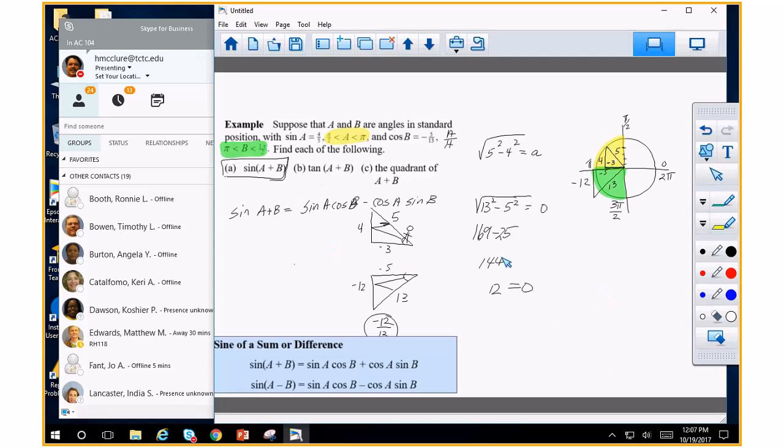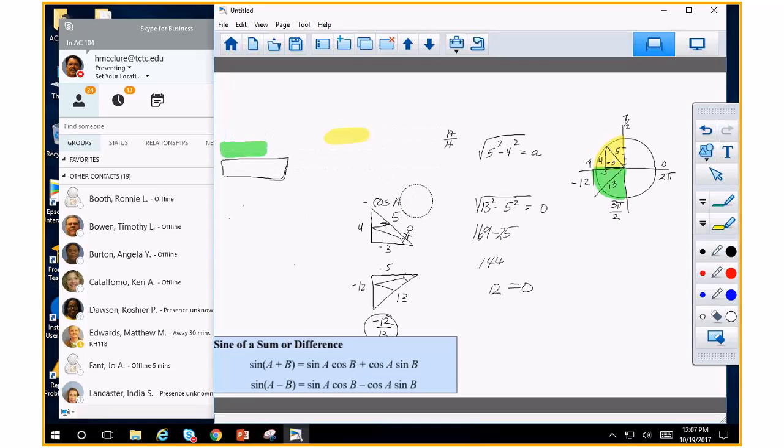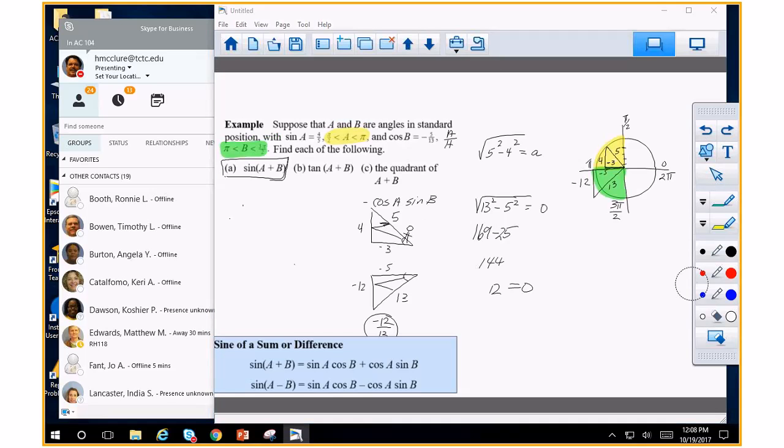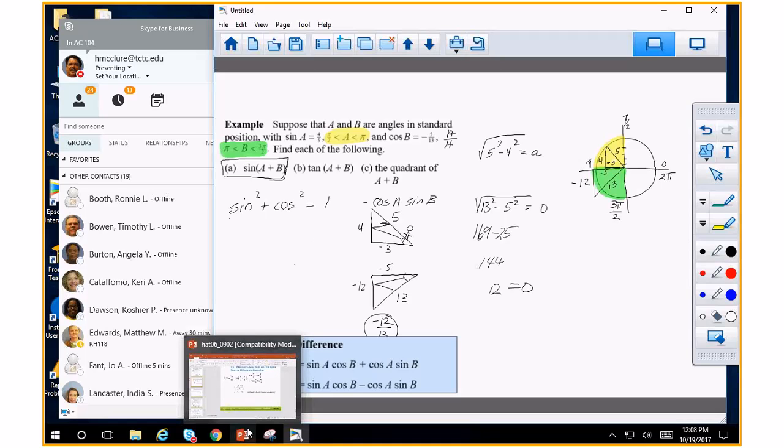Let me go ahead and erase this part, but I'm not going to erase what I've done before. Just forget it. Let me just write the Pythagorean identity. The Pythagorean identity says the sine squared of A plus the cosine squared of B is equal to what? Sine squared plus cosine squared is equal to 1.